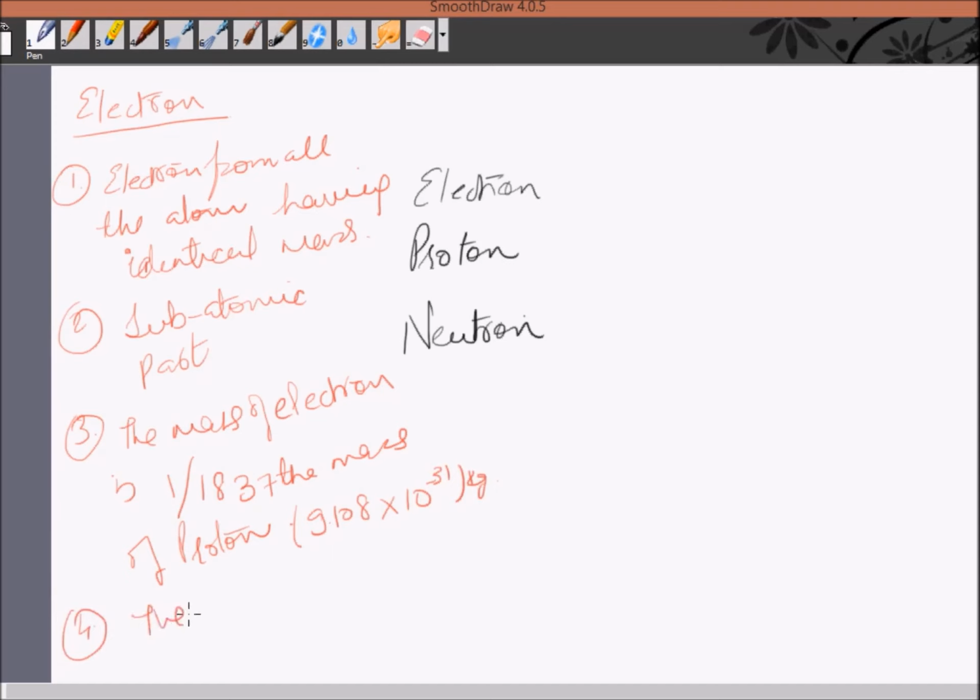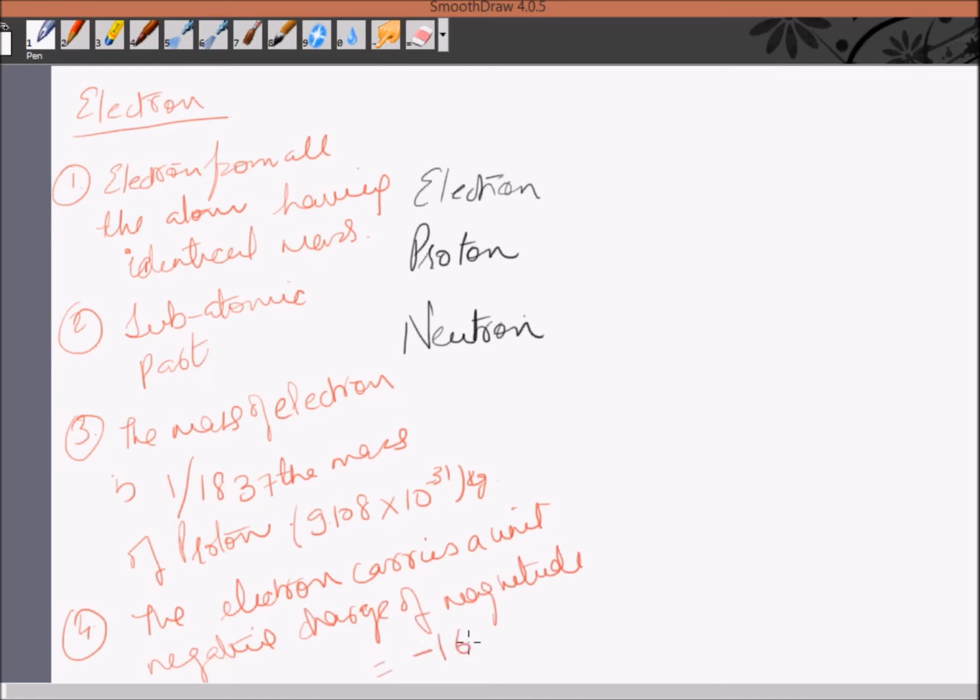It also says the electron carries a unit negative charge of magnitude 1.602 into 10 to the power minus 19 coulombs. Coulomb is the unit of charge.